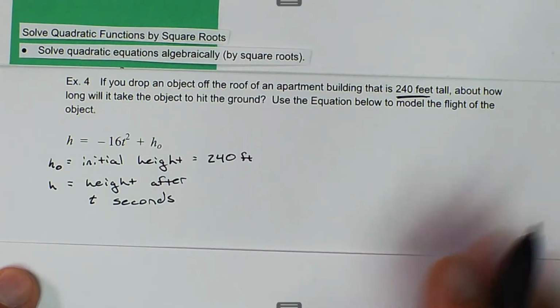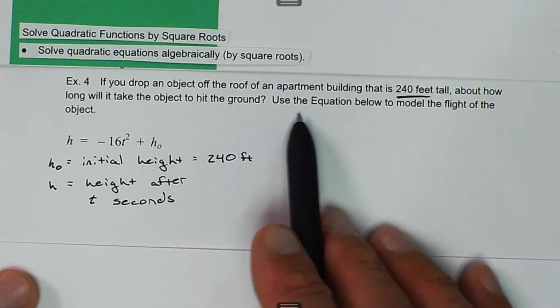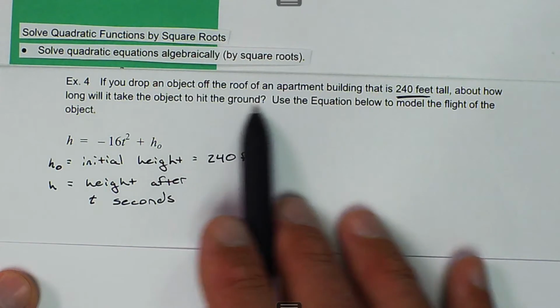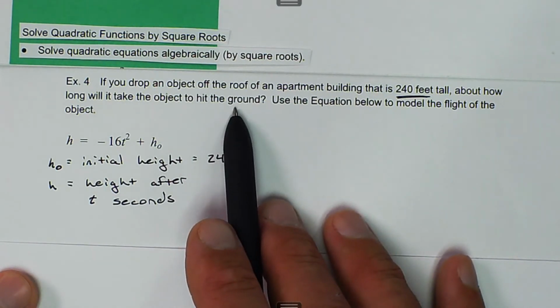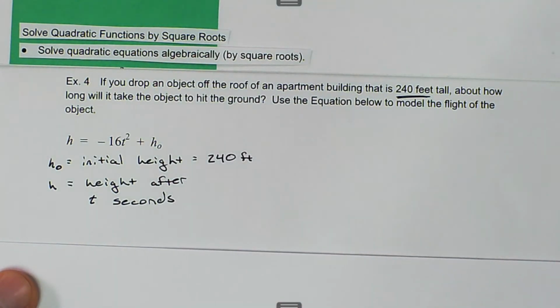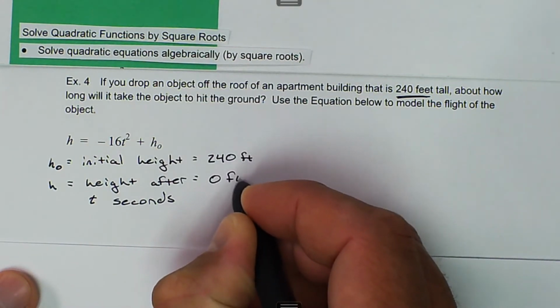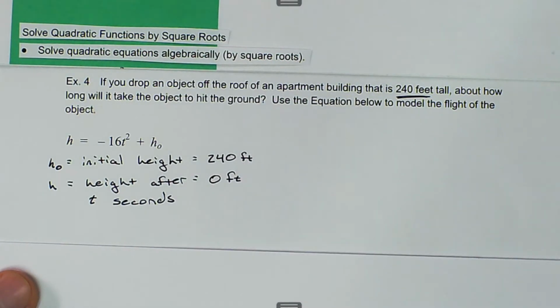And we want to know, about how long will it take the object to hit the ground. Hit the ground, that's going to be a height of 0. When the object hits the ground, it is a height of 0 off the ground, so we can substitute those values into the equation.